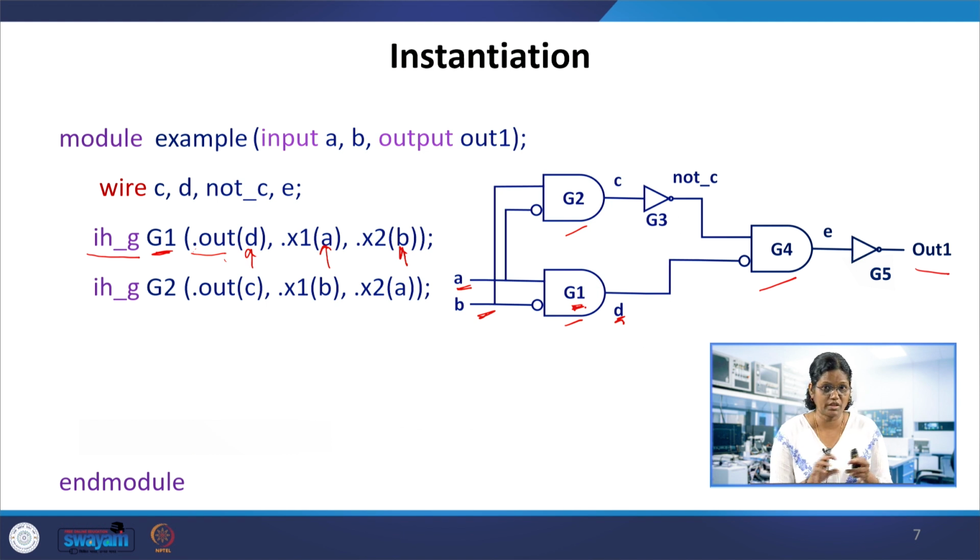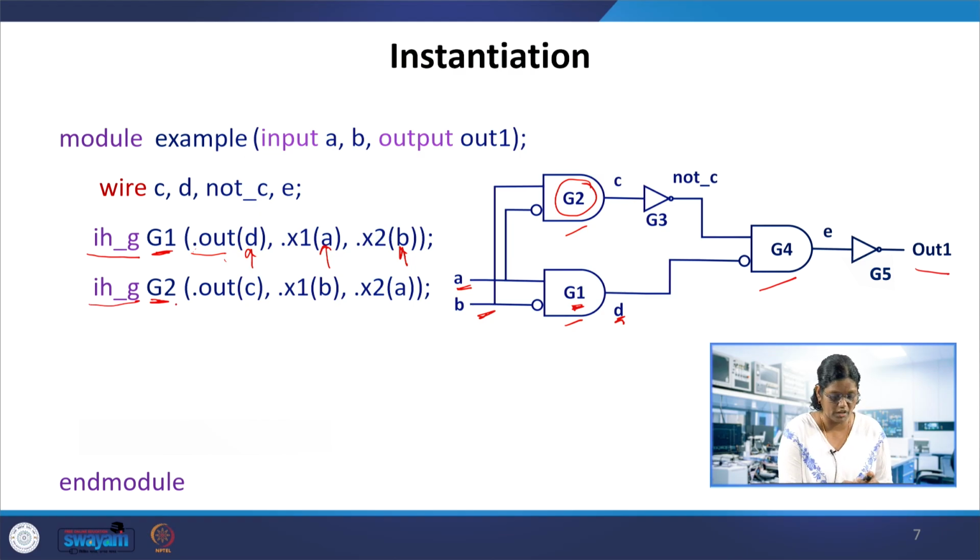So you will be using it three times. That is what we learned in the very first instantiation: a top level module can instantiate the lower level module multiple times. So this is the second time we are instantiating IHG, the same module name, and the instance name is G2. This name should be different so that there is no confusion.